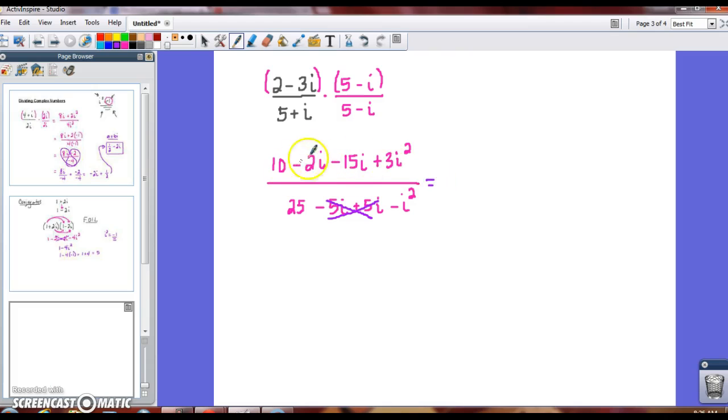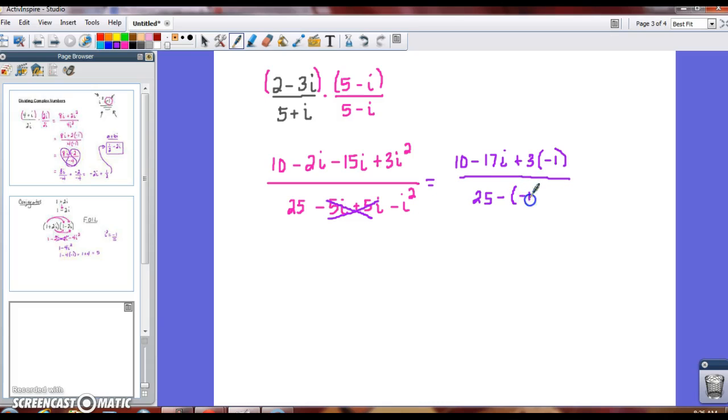Let's go ahead and simplify our numerator. We can combine our like terms. We have 10 minus 17i plus 3i squared. Remember, i squared is negative 1, so I'm going to substitute that in. In the denominator, I have 25 minus i squared.